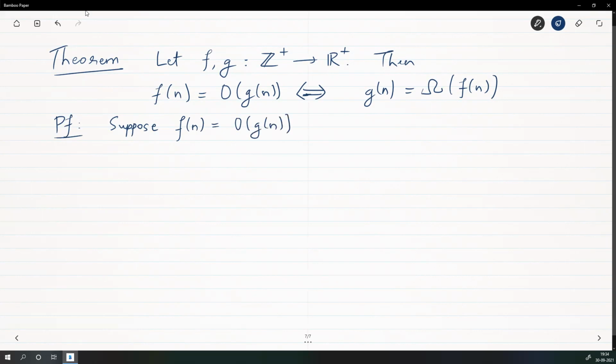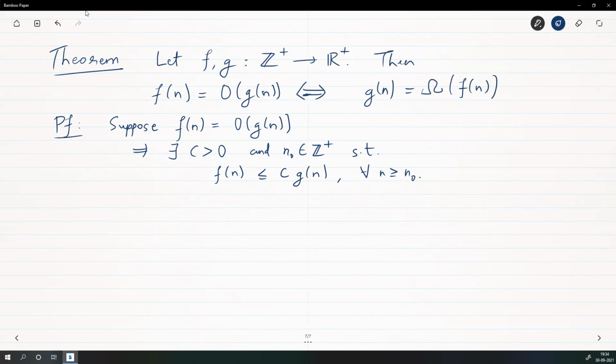Therefore, by definition, there is a constant c greater than 0 and n naught positive such that f of n is less than or equal to c times g of n for all n greater than or equal to n naught. This is the definition.